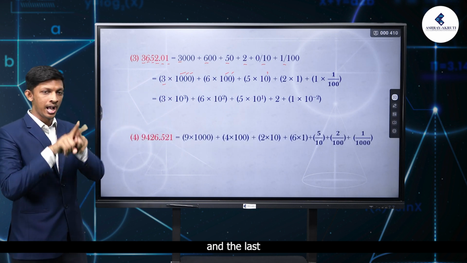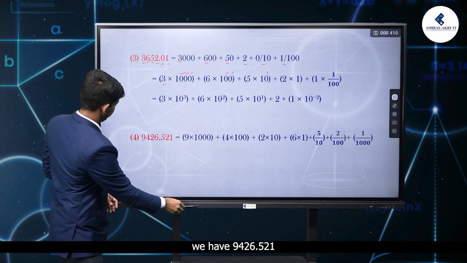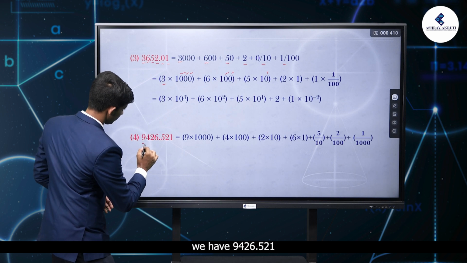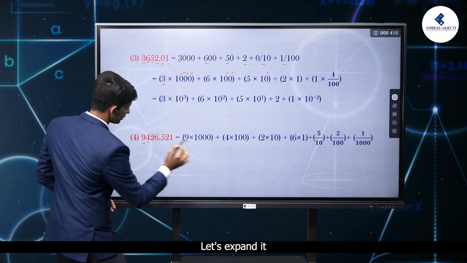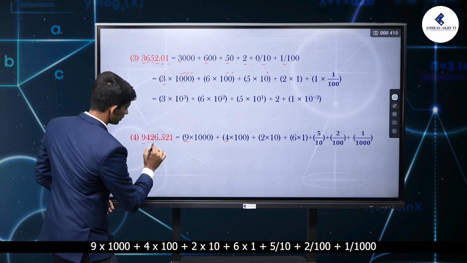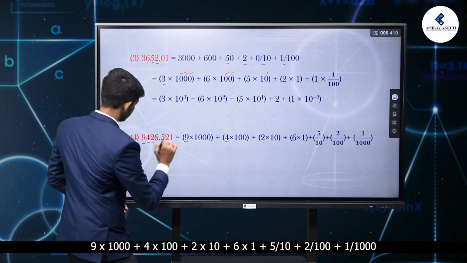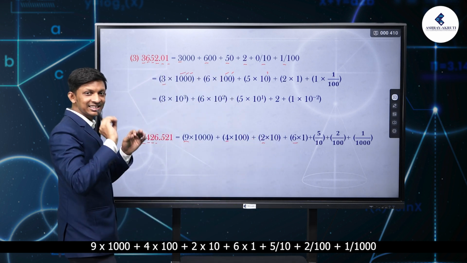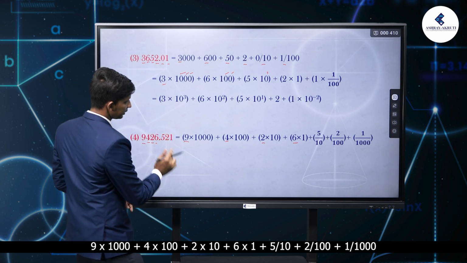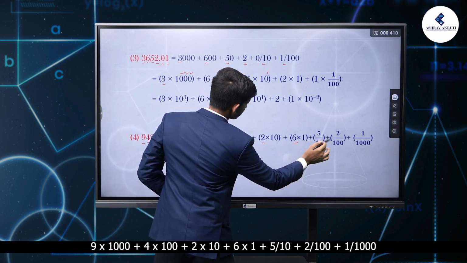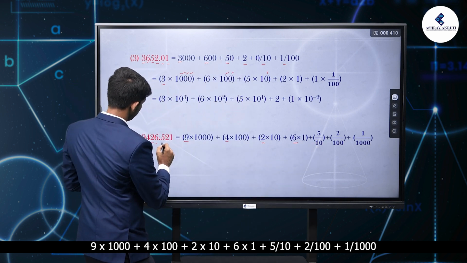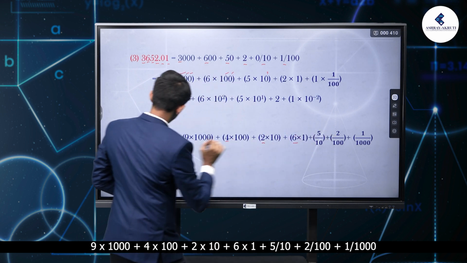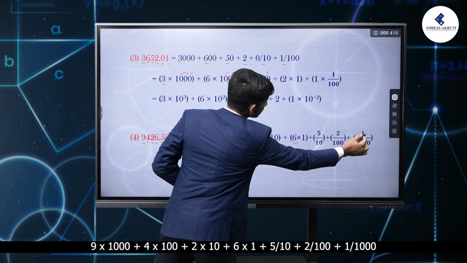And the last, we have 9426.521. Let's expand it. 9 into 1000 plus 4 into 100 plus 2 into 10 plus 6 into 1 plus 5 by 10 plus 2 by 100 plus 1 by 1000.